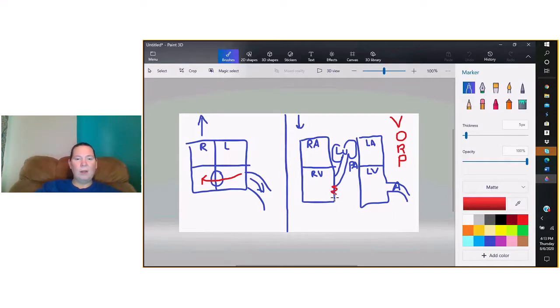So there's a hole right here connecting these two. So in and of itself, you would have increased flow. But the reason this is a problem is with that VSD, we also have something called an overriding aorta, which is instead of the aorta coming out here like it's supposed to, it comes out, and yes, I know it's not that big, but we have it coming out right over where that VSD is.